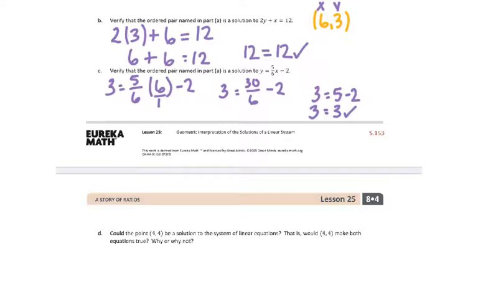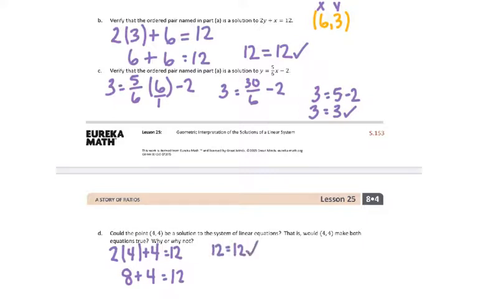Our first equation was 2y plus x equals 12, so we multiply 2 times 4, plus x, which was 4, equals 12. So now we have 8, because 2 times 4 is 8, plus 4 equals 12. And 8 plus 4 is 12, so 12 equals 12.